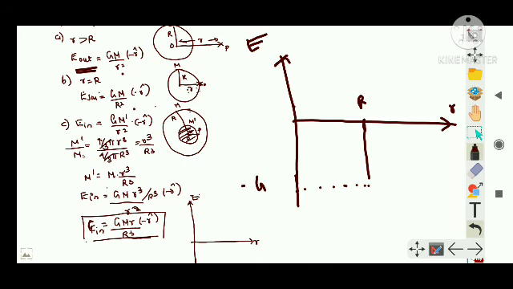Later on r goes on increasing. In the outer section, small r is greater than capital R. So when the denominator increases, the factor decreases, and also in an exponential way. So this becomes the side for E out. This is the E out section, right?